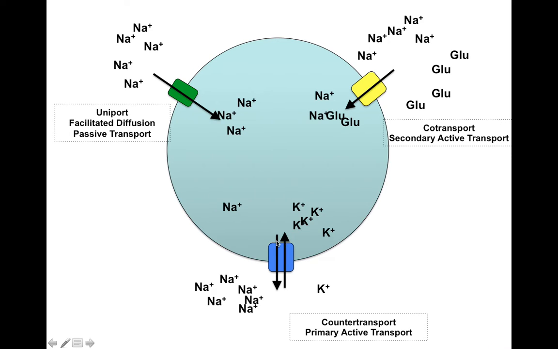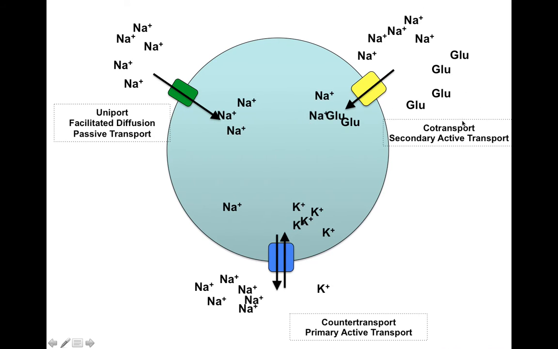Without the ability of the sodium-potassium pump to run over here, normally in close proximity to this sodium-glucose transporter, this movement is going to stop, which means both sodium and then glucose will no longer be able to enter the cell. But as long as your sodium-potassium pump is forcing sodium against its concentration gradient outside the cell, that enables this nice steep gradient by which the sodium-glucose transporter can operate.